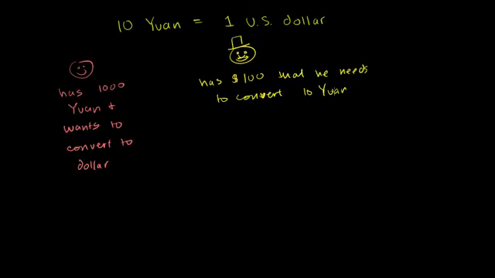Maybe he wants to buy some Chinese goods. Maybe he's a Chinese factory owner who sold his goods in the US for $100, and now he needs to convert it back to yuan to pay his employees or pay his own mortgage or who knows what.